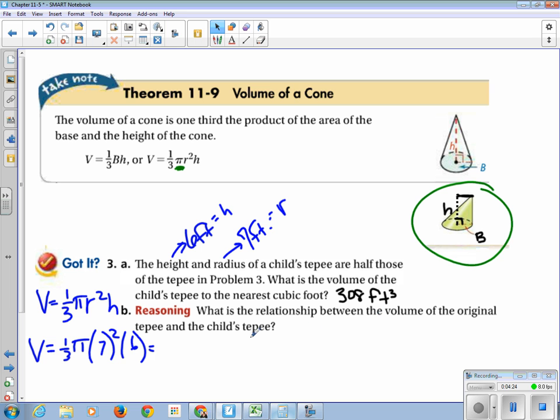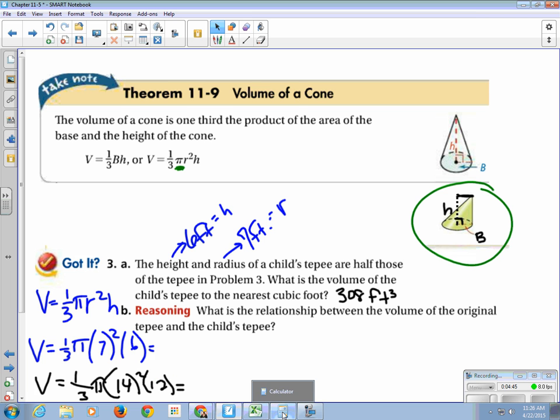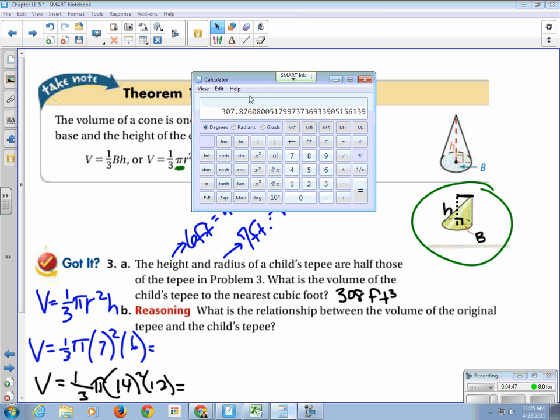It says, what is the relationship between the volume of the original TP and the child's TP? Well, if I were to go to the original TP with all the dimensions doubled, then we would go 1/3 times pi times 14 squared times 12.